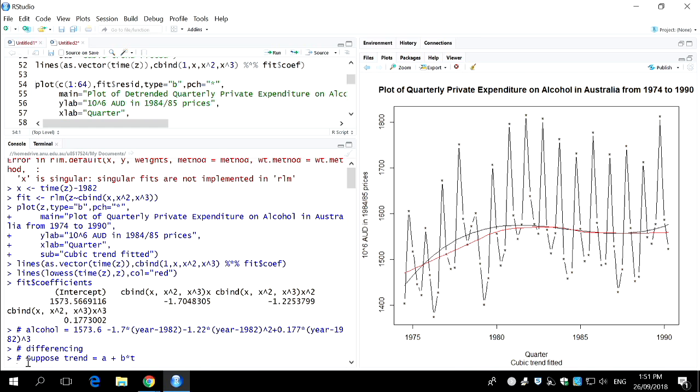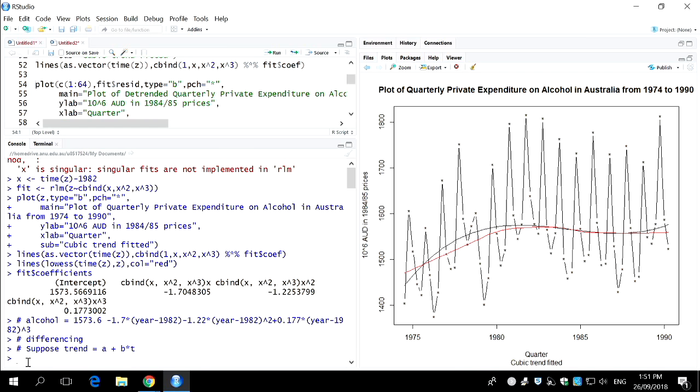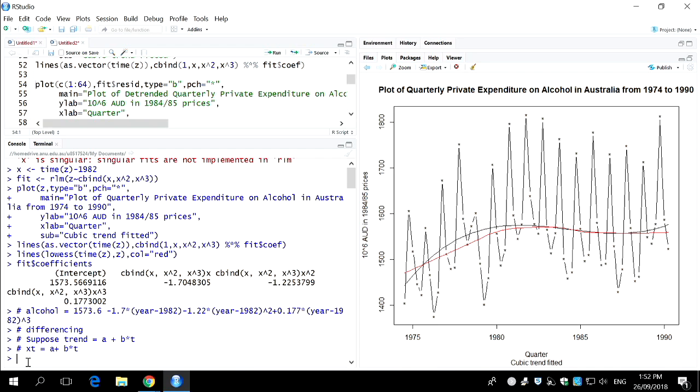So let's suppose that the truth was trend is A plus B times time. Now, that's not what we got here. Here we've got a cubic, but let's suppose it was linear. Okay? So we're going to say x_t is equal to A plus B times time.